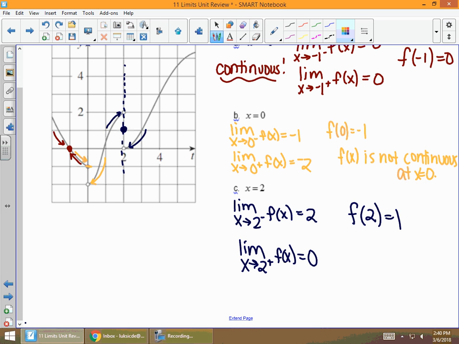So none of those match. Since none of those match, our function is not continuous at x equals 2. So that is continuity from a graph.